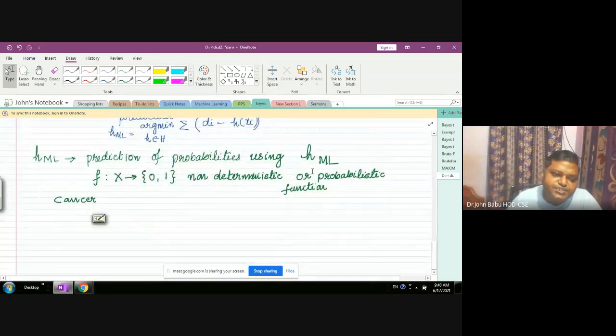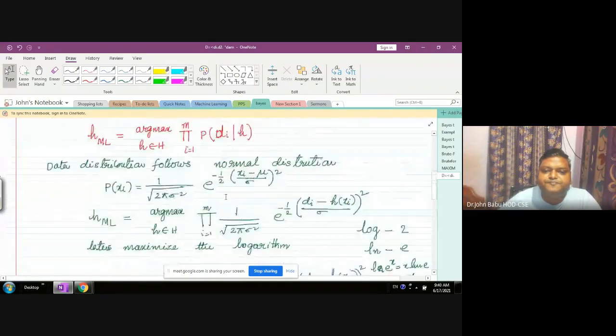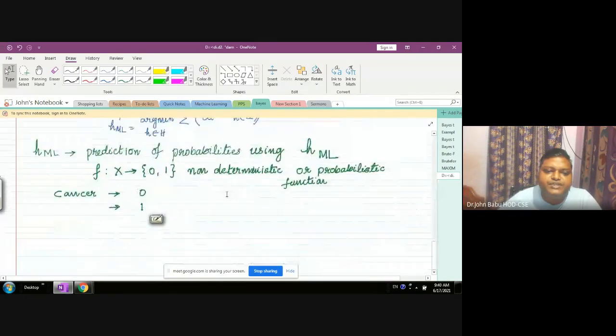The only thing is, if he is affected by the cancer, the value is 0. If he is not affected, the value is 1. We don't want the probable exact value here, what we want is either 0 or 1.